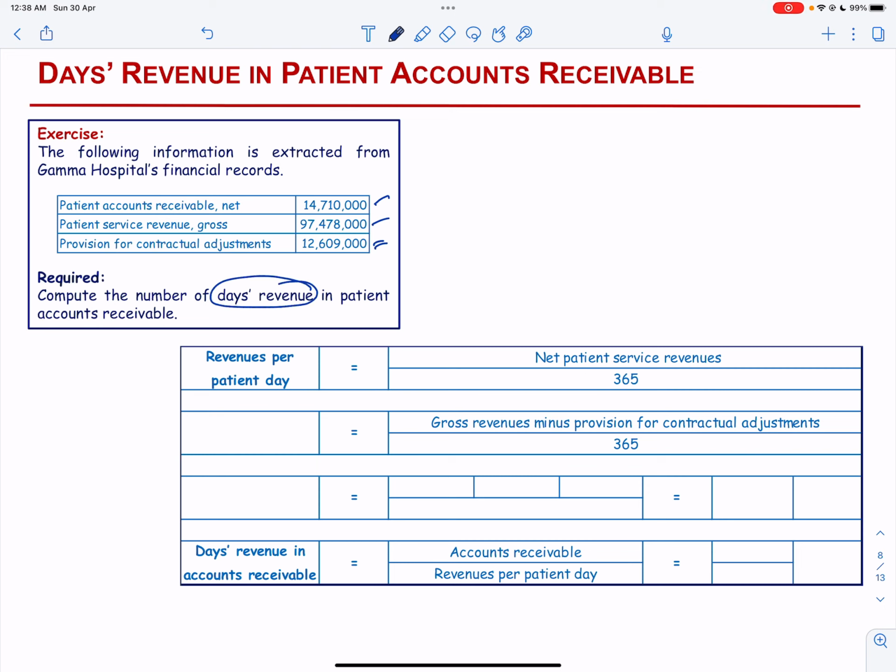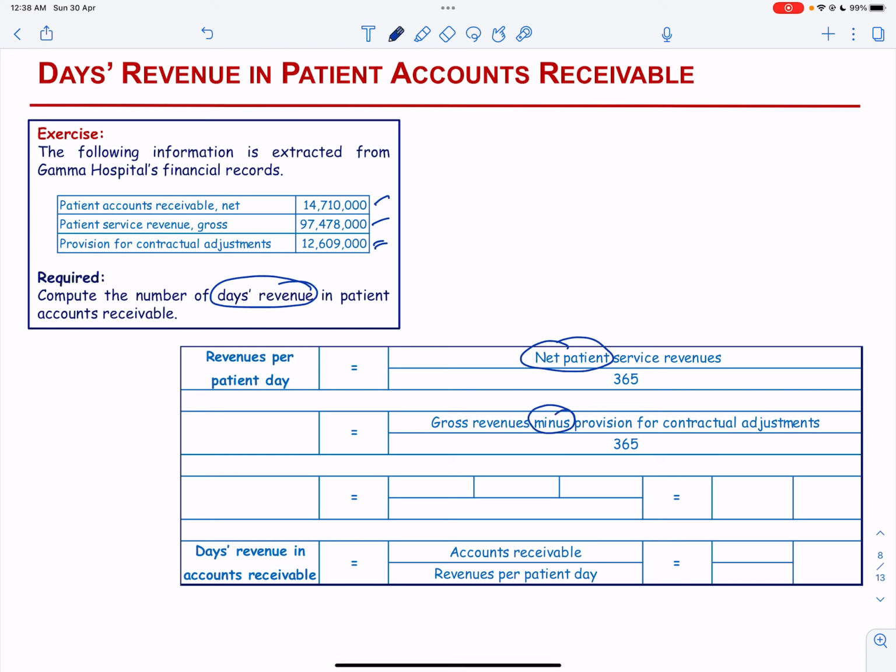First of all, we will calculate the revenue per patient day, that is net patient service revenue divided by 365, and net patient service revenue is gross revenue minus provision for contractual adjustment.